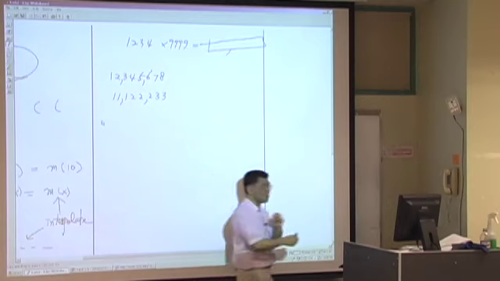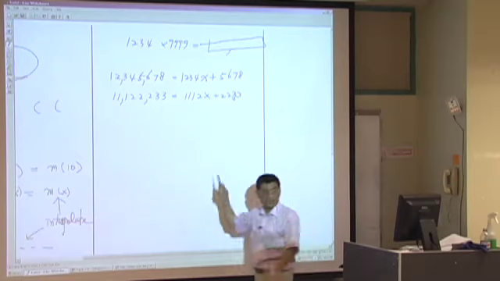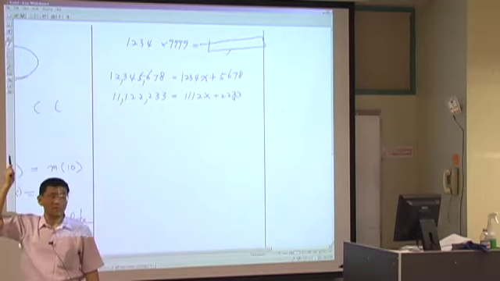Then the easiest choice is this one. You represent this number by this, and you represent this number by that, right? Then you have a first order function multiplied by a first order function, giving a second order function.